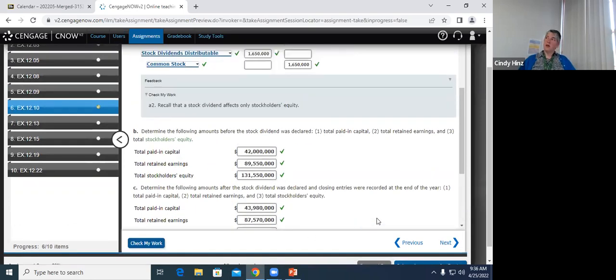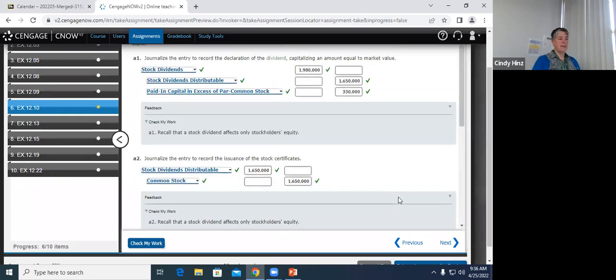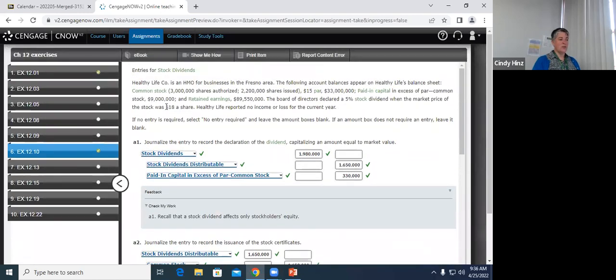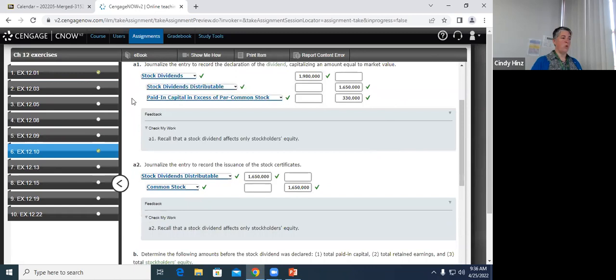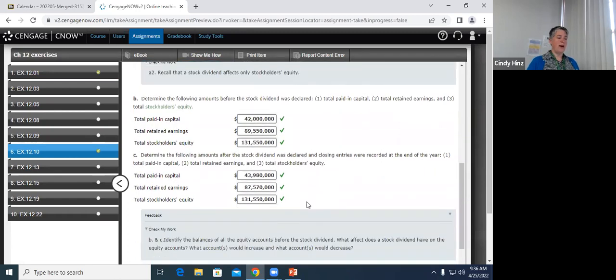As I said, if this was a large stock dividend, anything from 25% up to 100%, instead of using the $18, we would have used just the par value, and we would have moved all of that into the common stock account. There would be no paid-in capital in excess of par. So same impact though, we would move value out of retained earnings into paid-in capital.